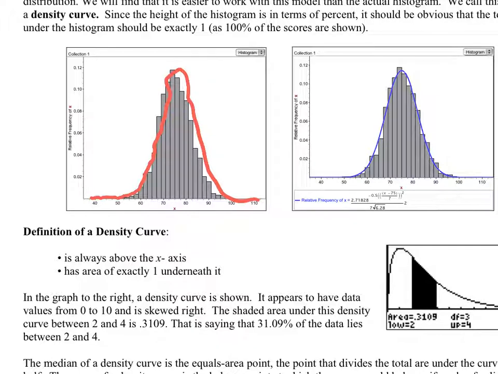Almost everything you've done has been a density curve, except for one small problem. But it's not a big problem because you can make this for anything. We have to assume that the area underneath it is 1. The area is 1, which means 1 equals 100%.